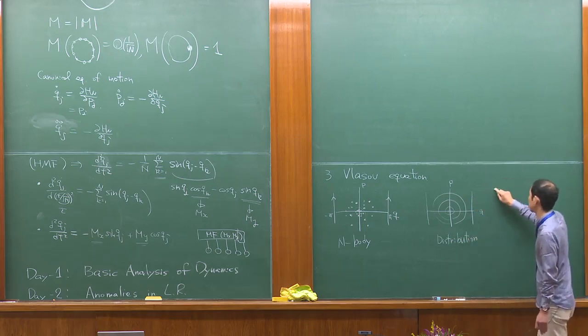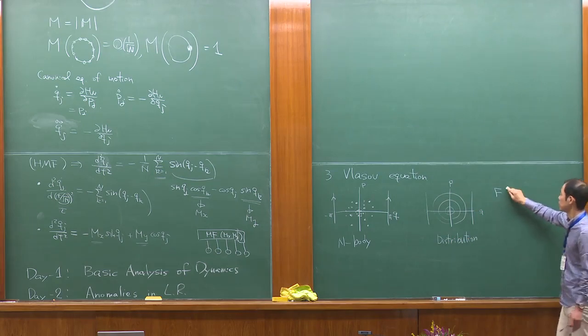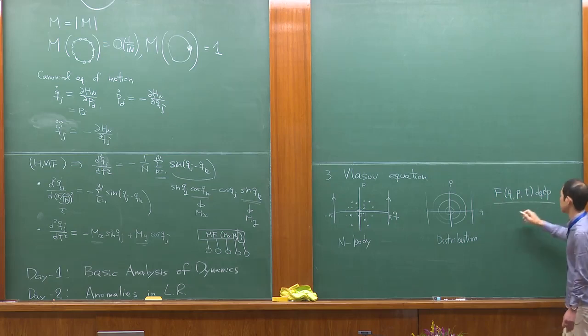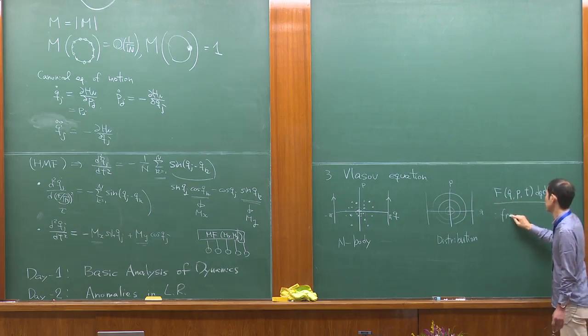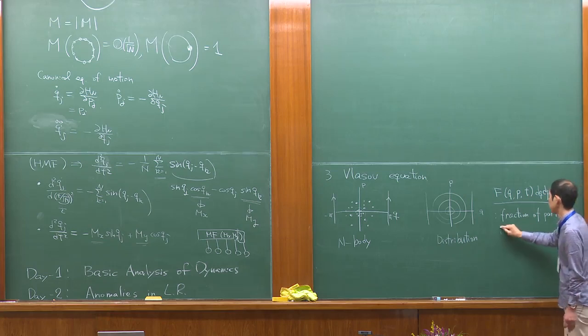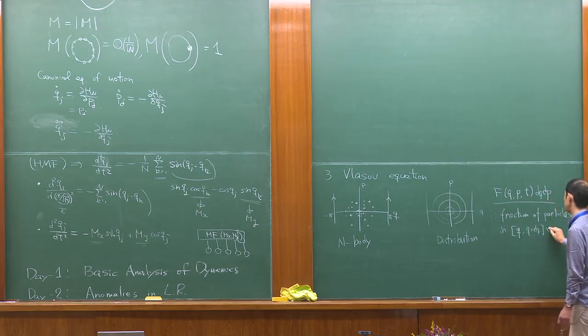Now we write the distribution as big F. It depends on q, p, and t. The meaning of the distribution is like this: this is the fraction of particles in the region of q plus dq times p plus dp at time t.